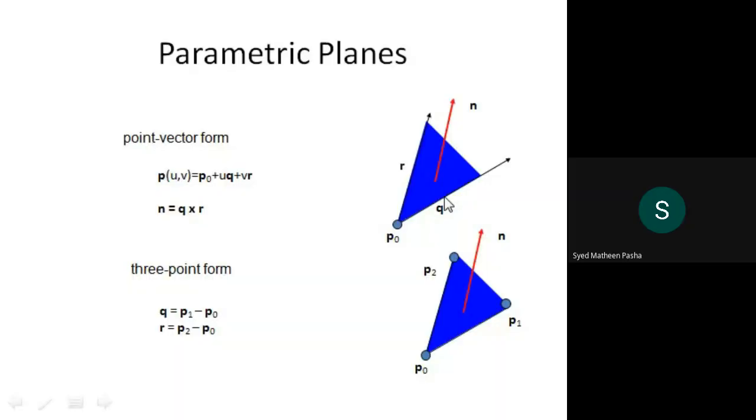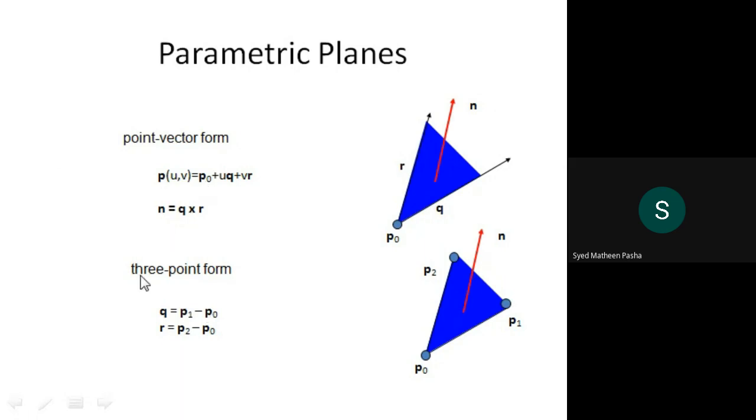Basically, there are planes defined here, that is the sides of that plane, R and Q. You will take the product with respect to U and V, the parameters of the plane, initiated with P naught, and then finally you take the summation of that, so that you get the point vector of that plane. How do you calculate N? N is just the product of the sides, that is R and Q, or Q and R. So this is how the vector form of a plane is represented.